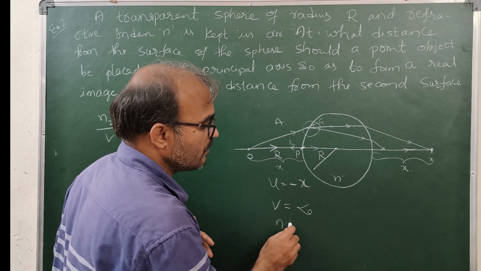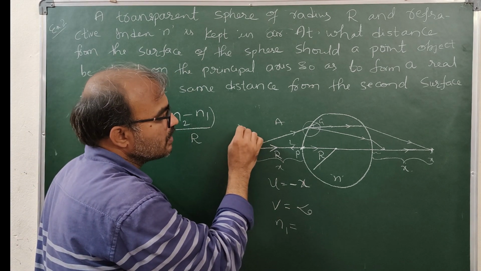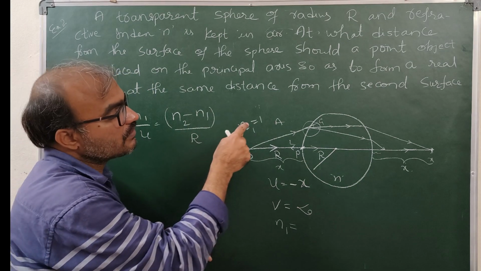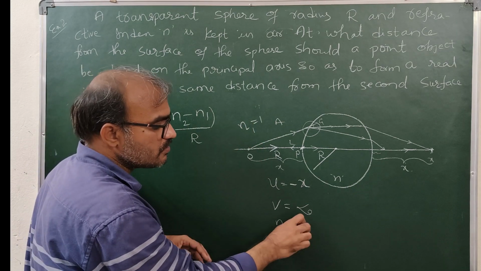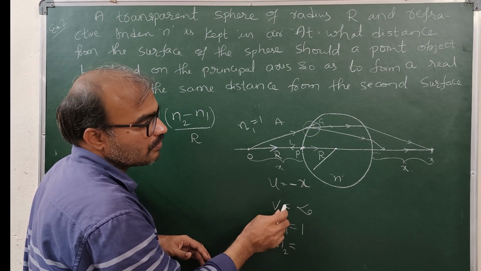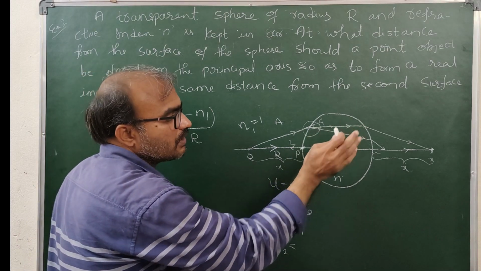Then what is n1? n1 is the refractive index of the medium in which the object is present. Remember, n1 is the refractive index of the medium in which the object is present. So here it is 1. And n2: here the image will be formed at infinity, right?